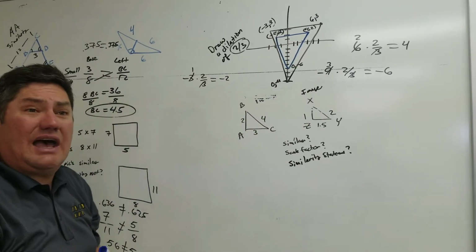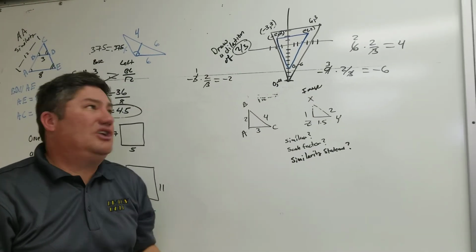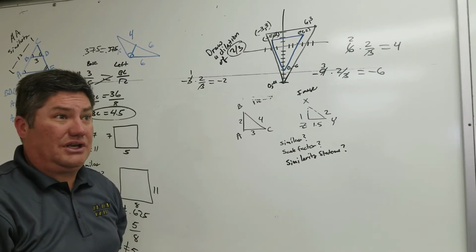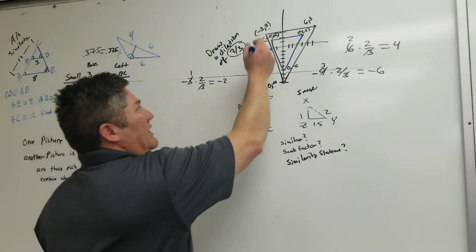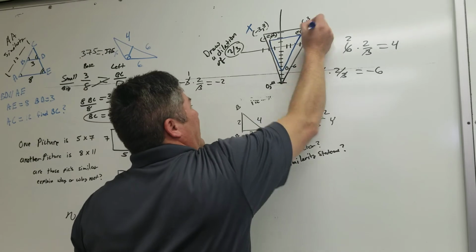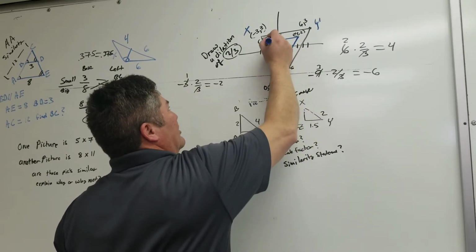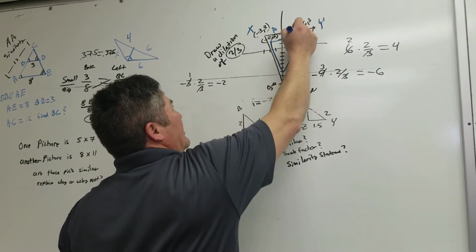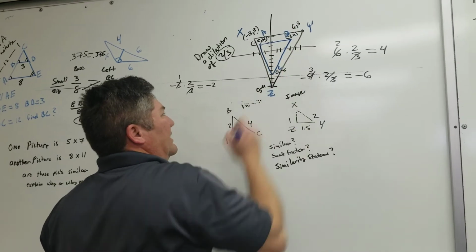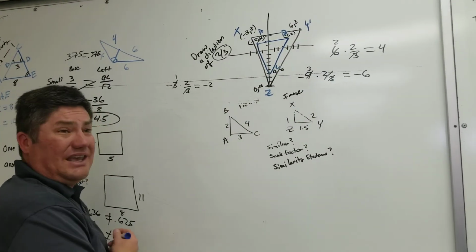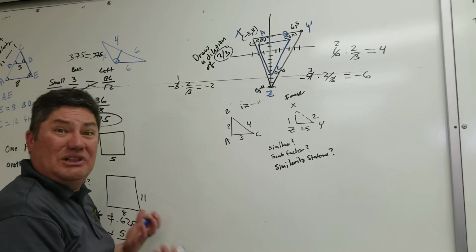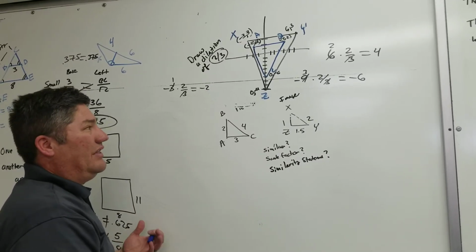Now, it may ask you, name the pre-image and name the image, okay? And it may say, hey, this one is X, Y, Z, and this one, the new one, I want you to call A, B, C, okay? If that's the case, and you're supposed to write a similarity statement, then that's what you would do.